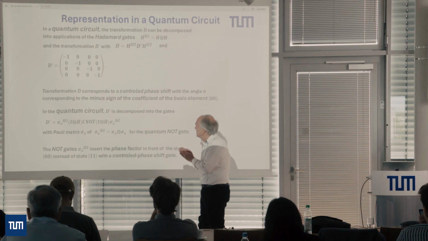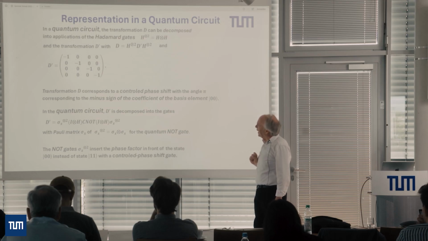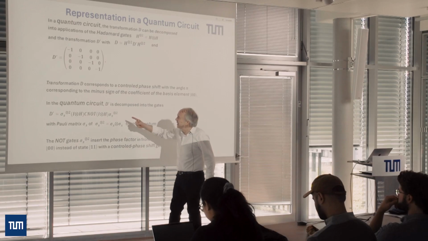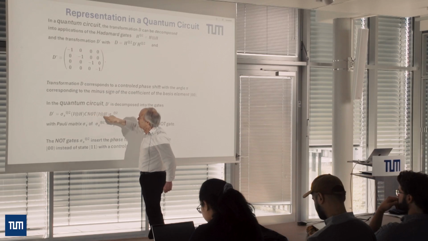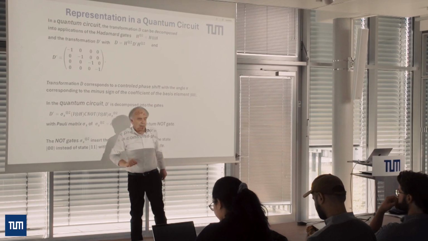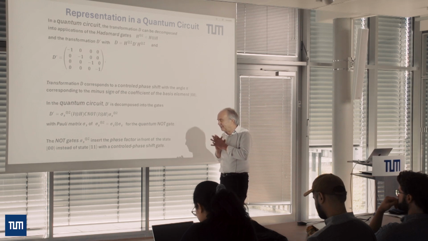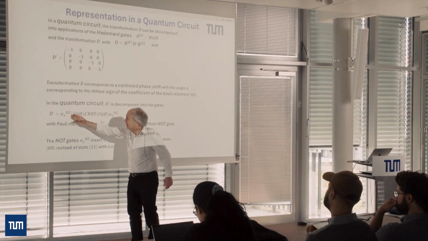As a transformation, D corresponds to a controlled phase shift with a certain angle, and that corresponds to the minus sign of the coefficient of the concerned basis element. And then in the next step, this D stroke matrix is decomposed into further components here. Sigma means a so-called Pauli matrix, also a more or less simple matrix, and twice this matrix we get a representation of the quantum NOT gate.